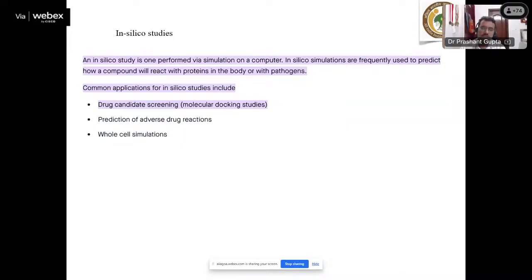Later on, in the 90s and 2000s, we got pharmacokinetics and dynamics, then predictive toxicology, predictive ADR, predictive PKPD, then predictive immunology. So multiple things have arrived, and among them a few we are using. Whole-cell simulations are an area where we are now working.